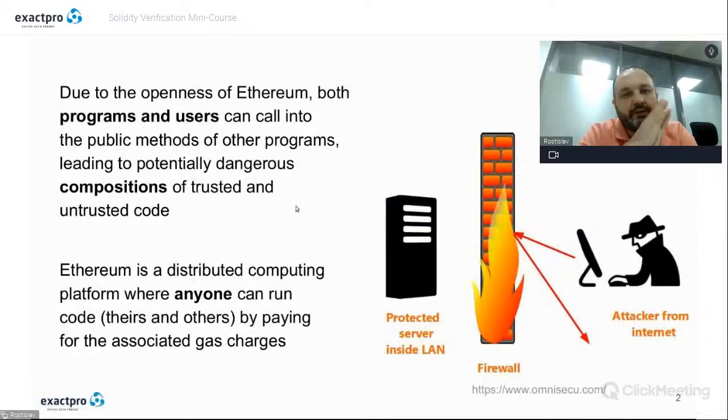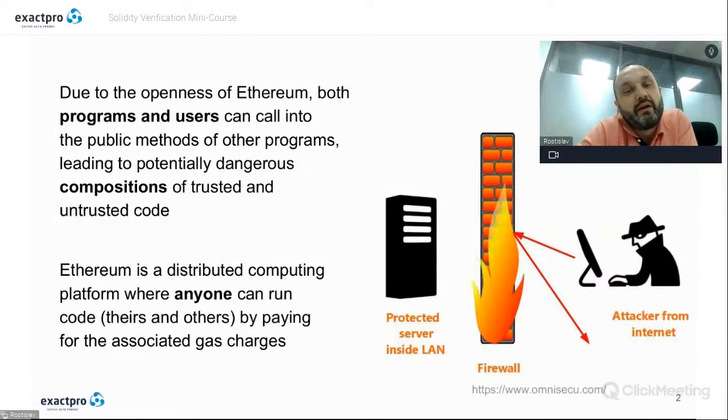Let me start from a small comment about some specifics of Ethereum. The picture on the right is a rather typical illustration of what we call a firewall in local area networks. In almost every reasonable information technology system, almost any application which has some business value, it always runs under some firewall to protect you from attackers from the internet.